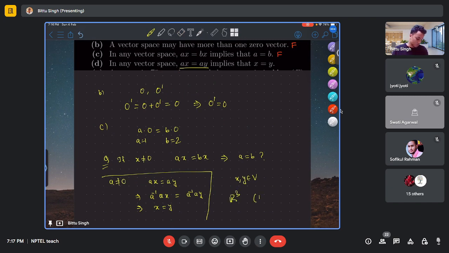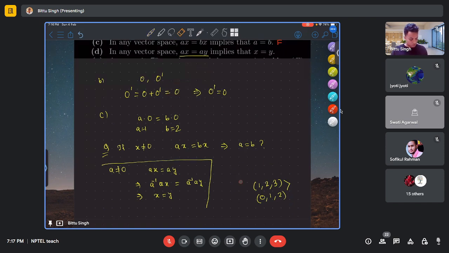So there is a vector 1, 2, 3. There is another vector, suppose 0, 1, 2. So you cannot multiply those two things in R3. Okay, you cannot multiply like this. So your argument will fail for this case. But still it will be true. How?